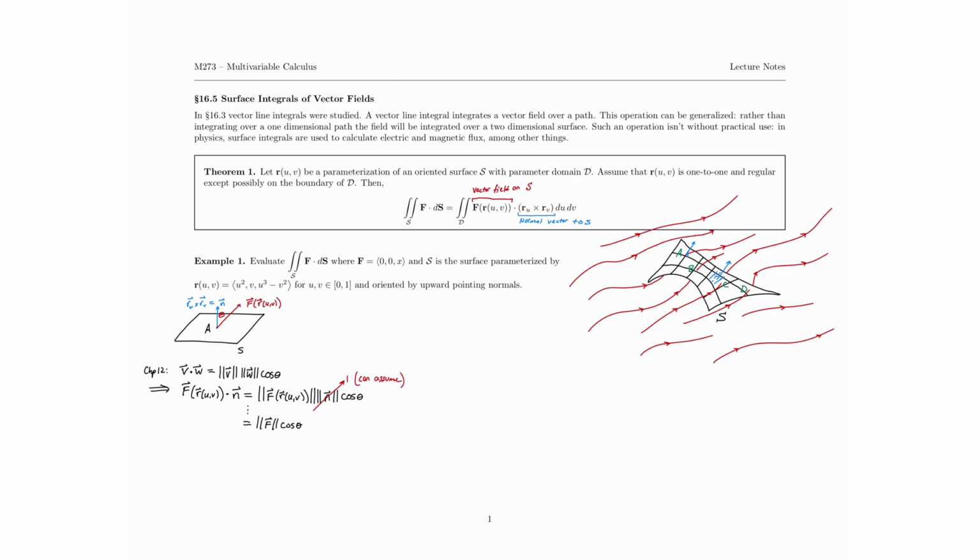Well, clearly you can see that, as we have in the above picture, if theta is acute, then the contribution to the integral is positive. Now, if we think about this, when is the contribution to the integral going to be the greatest?